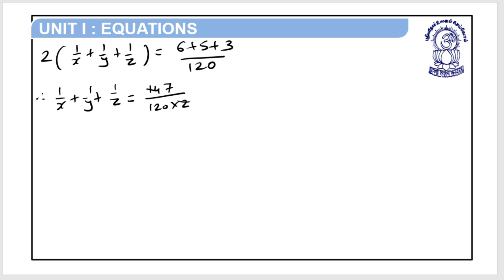Now 1 upon x plus 1 upon y plus 1 upon z is equal to 7 upon 120.